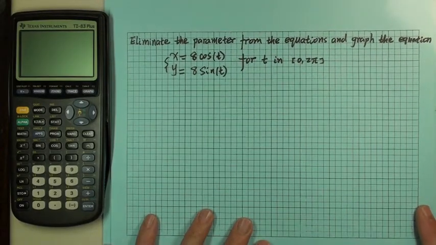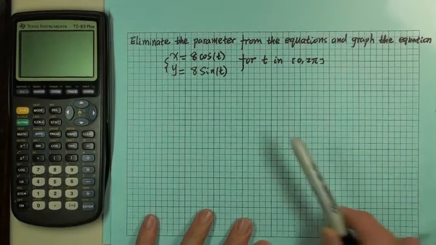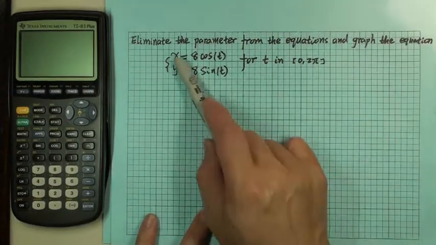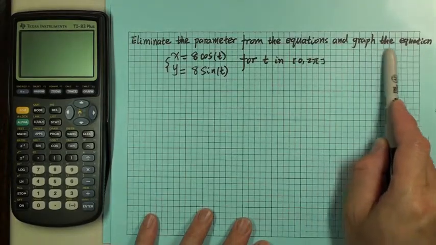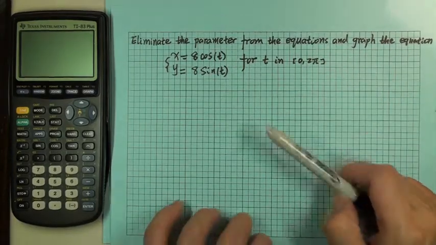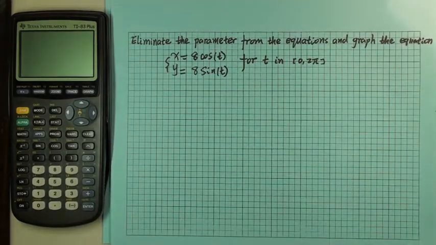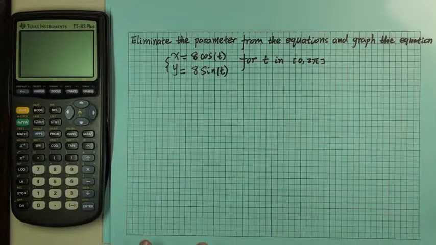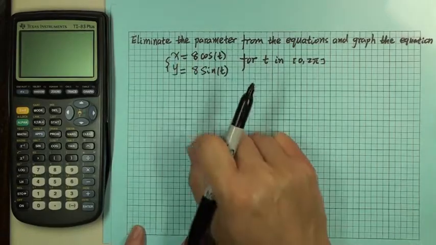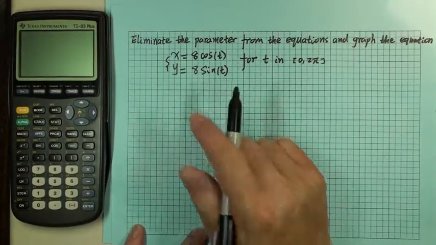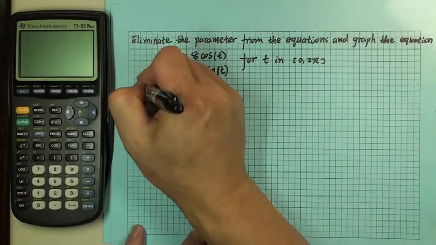Okay, look at this one. This one is to eliminate the parameter from the equations and graph the equation. For this one, you don't want to solve for t in the first equation. Okay, so here is a little bit special.